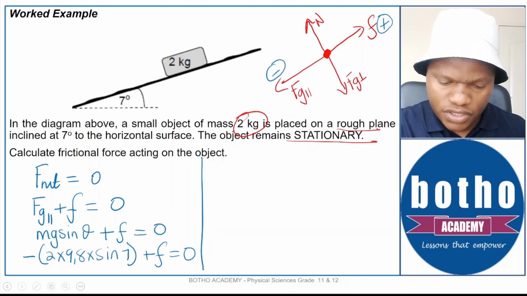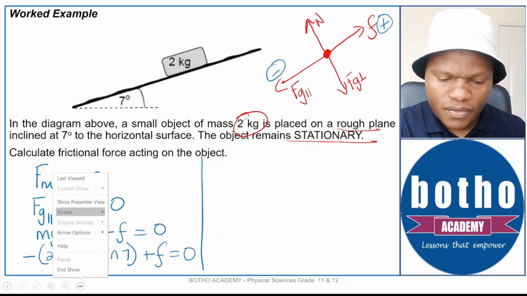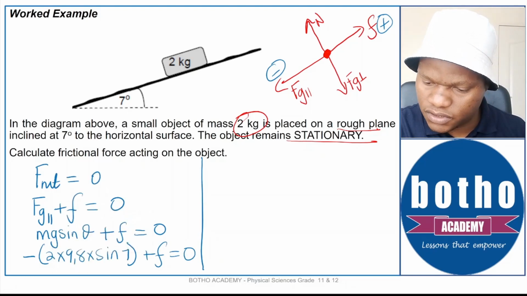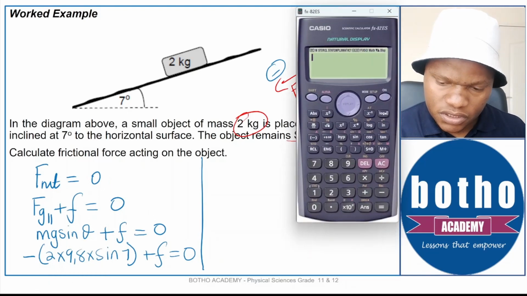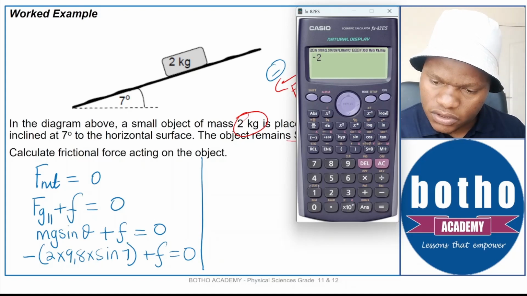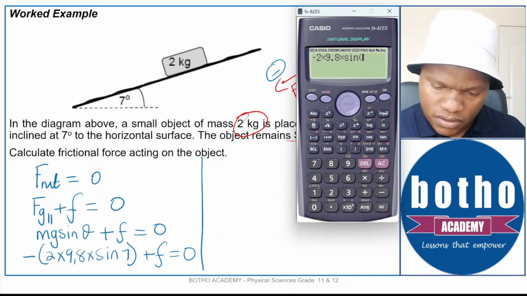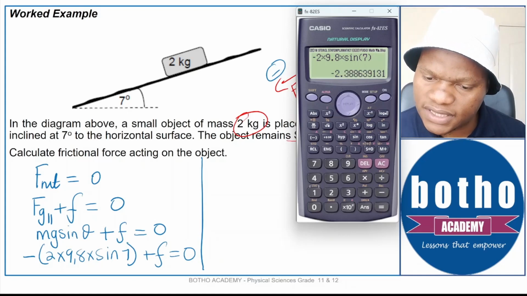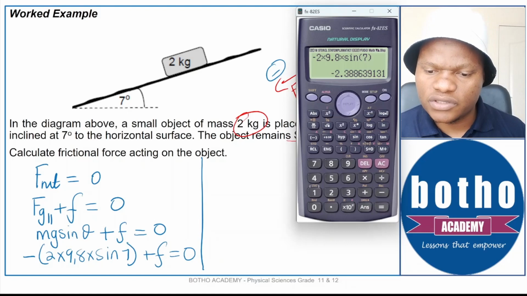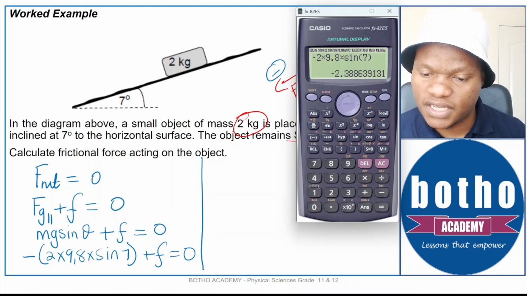Now we go to the calculator and check what the calculator says with regards to our substitution. I'm going to say negative 2 times 9,8 times sine 7. We get the answer to be negative 2,388. If you round it off to 2 decimal places, it will be negative 2,39.